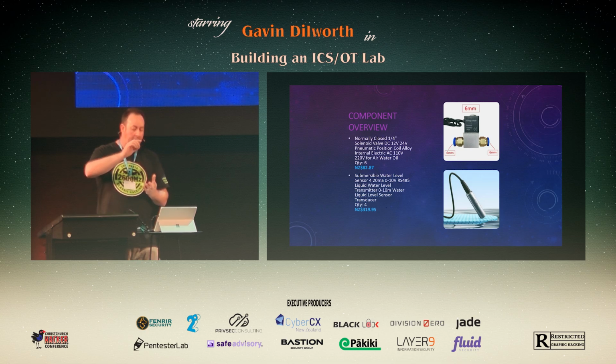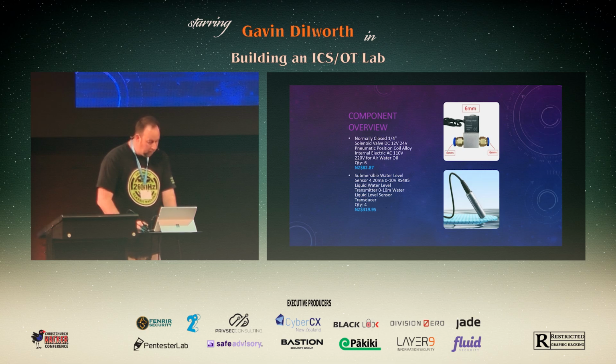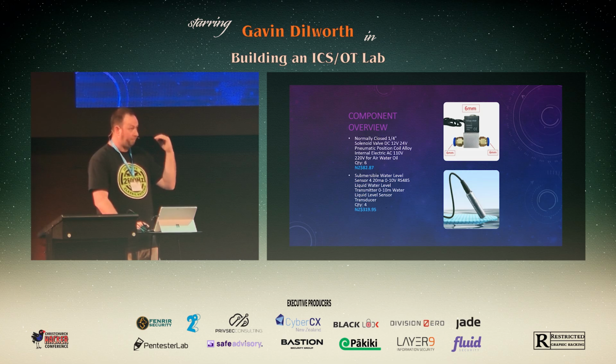So if I got a 5 meter rated water level sensor, it means that I'm only measuring between like 8% and 12%. That's not that great. So you have to sort of find one that does actually meet your specifications.